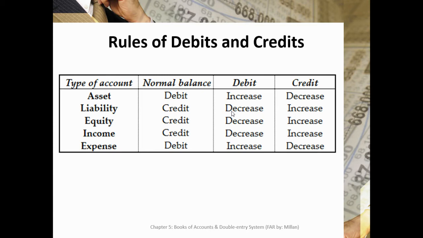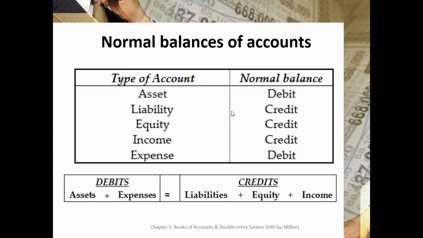So to help us remember the normal balance of accounts, let us recall the expanded accounting equation. So mapapansin mo, ito yung accounting equation. Ang accounting equation talaga is assets equals liabilities plus equity plus income minus expenses. Kung matatandaan mo yung chapter 3. Ngayon, dahil minus expenses siya, ilipat natin siya sa left side para lang gawing positive siya, algebra yan.